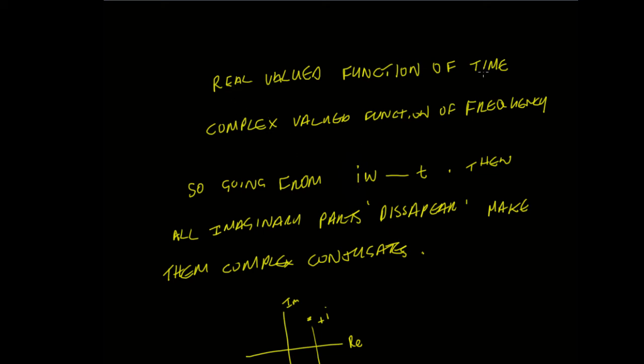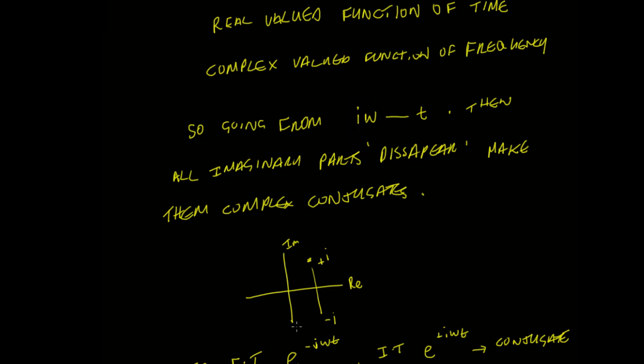So we're only dealing with real valued functions of time. We're dealing with complex values of frequency. So if you were to find the Fourier transform of a function, and it ended up being a complex value of frequency, in order to get back to a purely real value, you'd have to get rid of all of the complex values. The only way to get rid of the complex values is to ensure that they all add up to 0, so make sure they all add up to 0 by taking the conjugate.